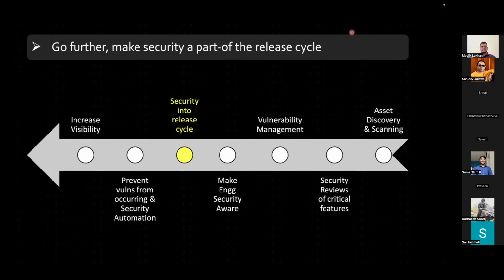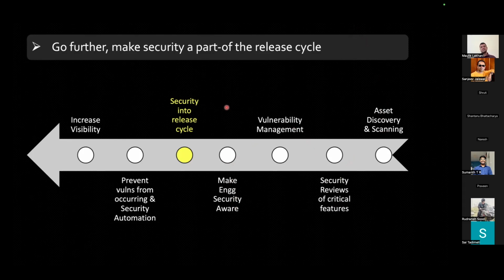Definitely. Let us do a quick summary of what we have done so far. We did asset discovery and scanning. We performed security reviews. We started a vulnerability management program. We made security engineering aware, and we tried to show them what mistakes they made in the past and how it could have cost them.